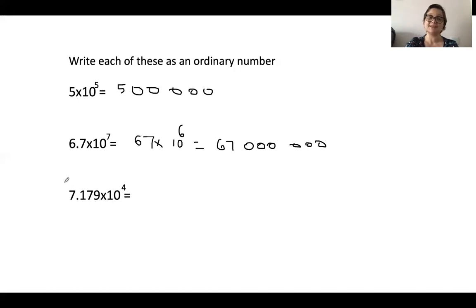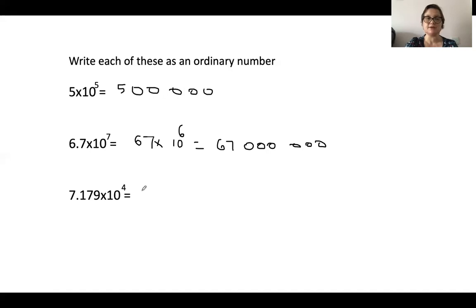Next one is 7.179 times 10 to the power of 4. I'm going to do exactly the same thing. I'm going to rewrite the decimal number as a whole number. So there are 3 decimal places after the decimal point. To change this into a whole number, I'm going to need to multiply this by 1,000, which means 10 to the power of 3.